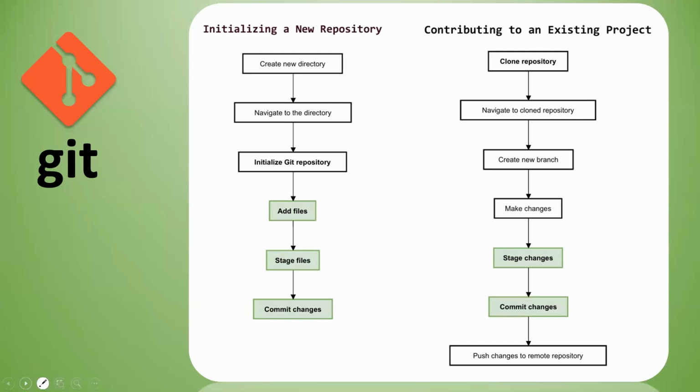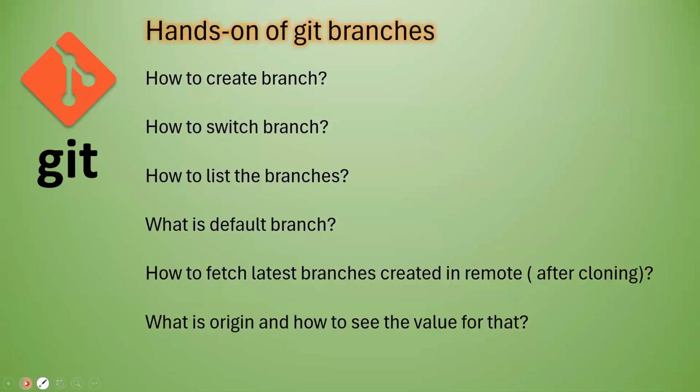Now let's understand further what hands-on we can do in this. From the basics: how to create a branch, how to switch to that branch, how to list all the branches, including local branches as well as remote branches. You might come across the terminology called default branch. What is it? And how to fetch the latest branches created in remote after cloning.